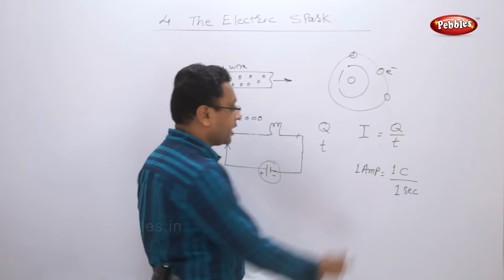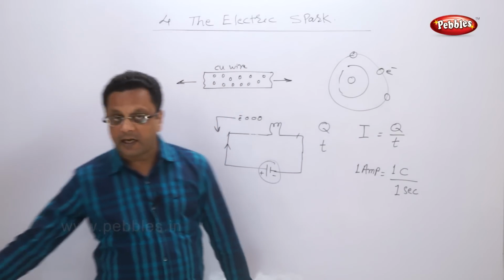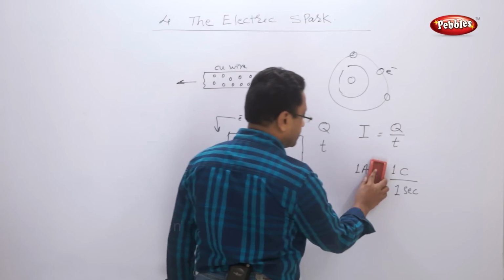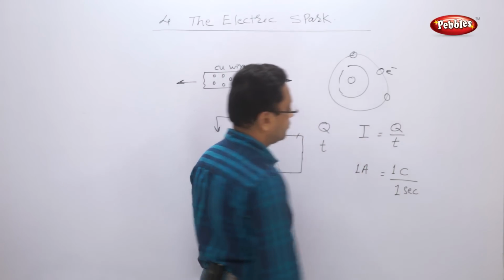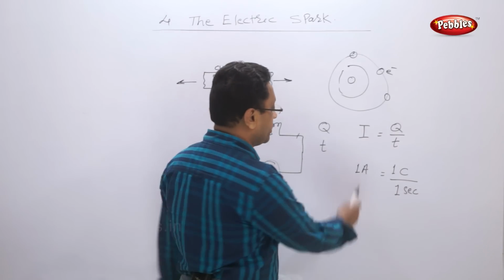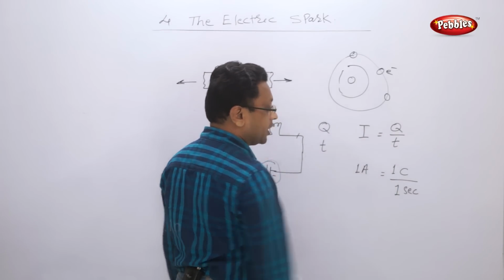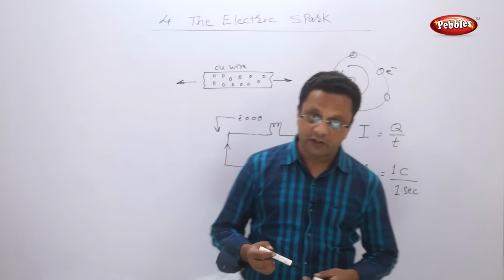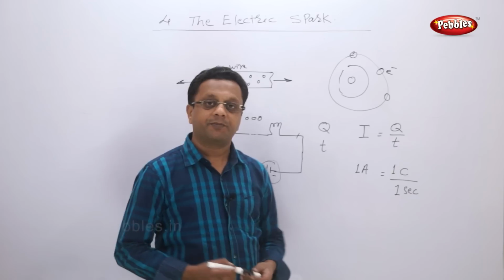You need not write AMP, you can simply write A. So the electrical current is said to be 1 ampere when 1 coulomb of charge flows through the conductor or the cross-sectional area for 1 second.